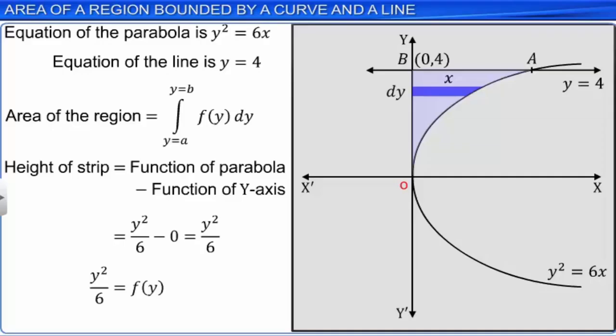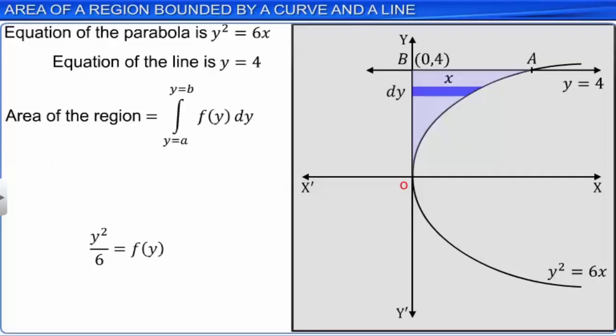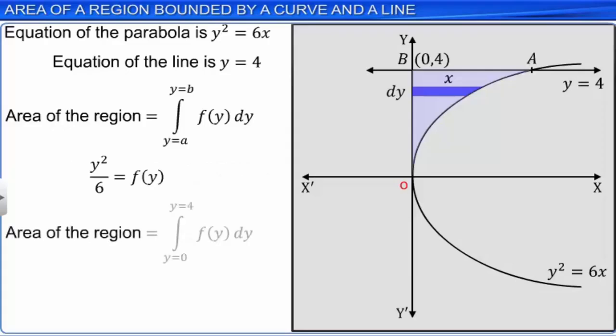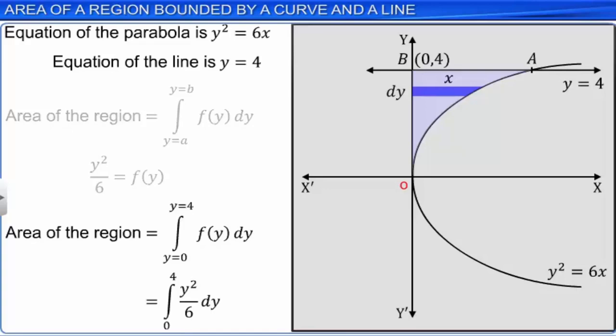Now, we perform the integration within the limits y = 0 and y = 4. So we have the integral of y²/6 dy from 0 to 4. This is equal to 1/6 times the integral of y² dy from 0 to 4.